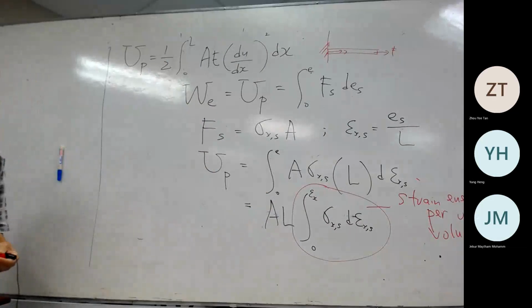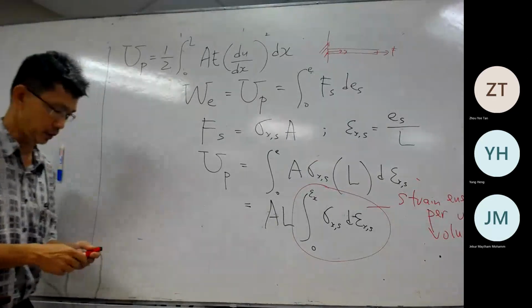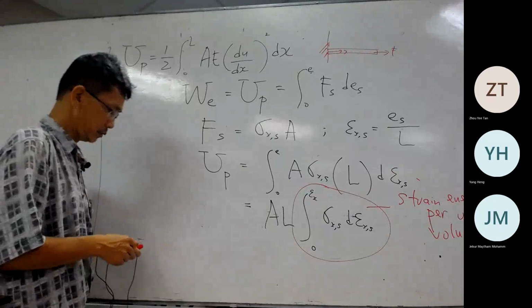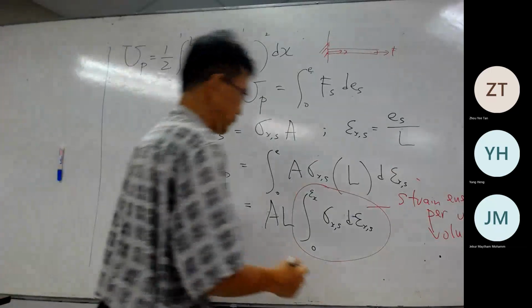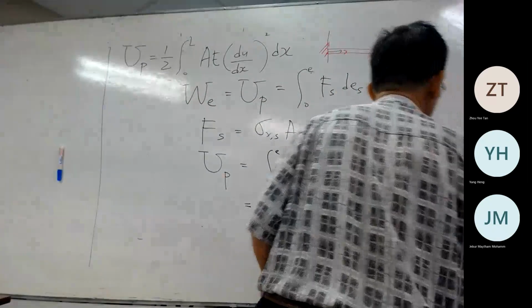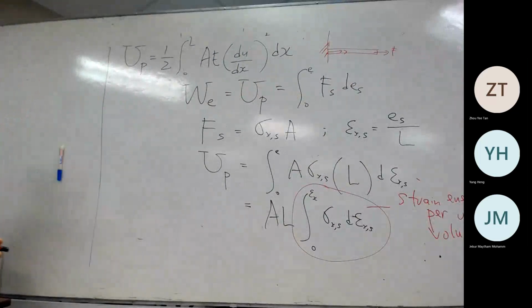And it has a special name. We call them strain energy density. We use the symbol small Vp for strain energy density.